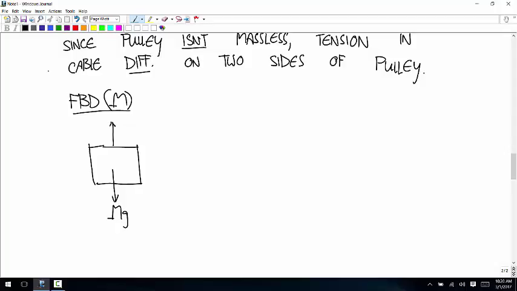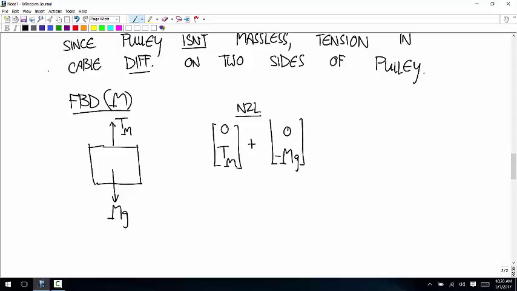So I'm going to call the tension on this side T sub big M. And then Newton's second law says 0 T sub big M plus 0 negative big mg is equal to big M times the acceleration vector 0 A sub big M. This gives us one useful equation.